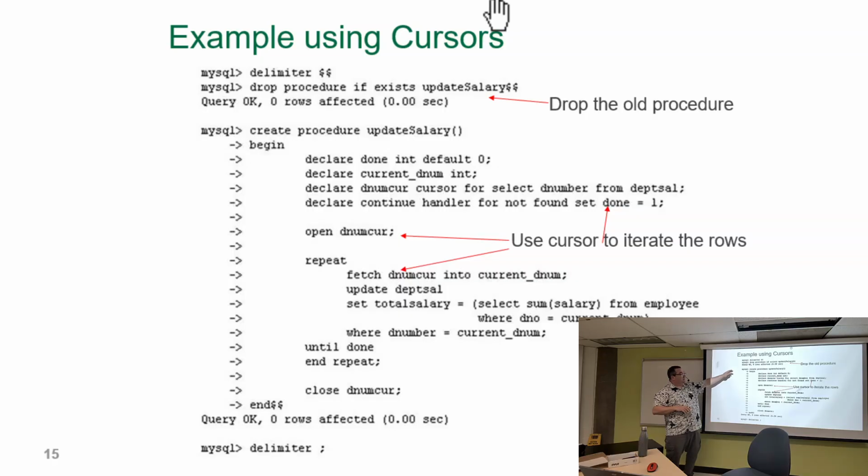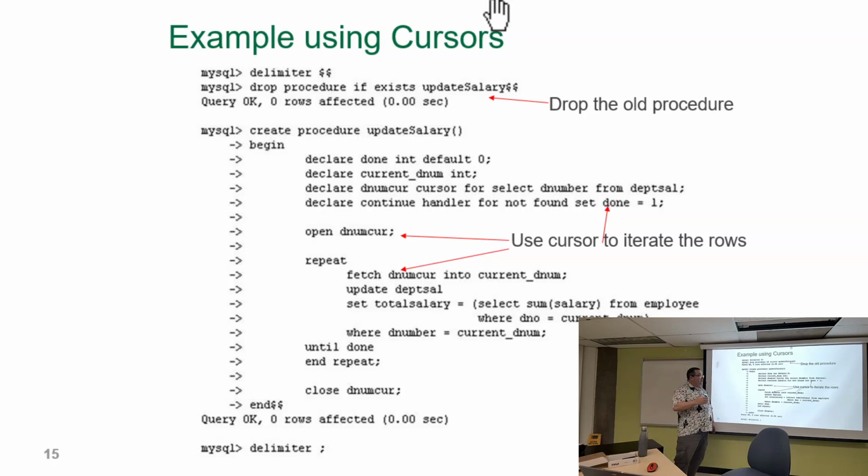So we're going to declare 2 variables and 2 objects. First variable, done, it's an integer, defaults to 0. Current department number is an integer. So we create 2 variables to hold stuff. Okay, so we're declaring a cursor. A cursor is a query contained inside of the stored procedure that you can operate on.